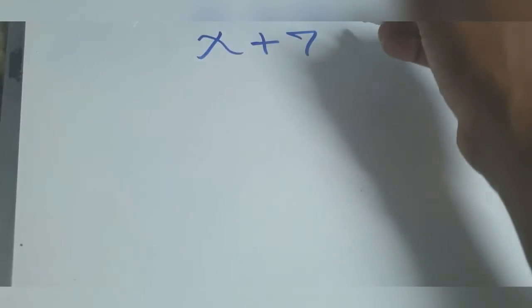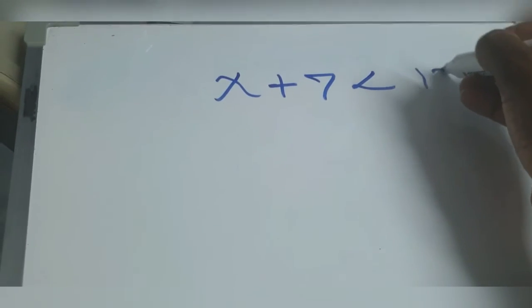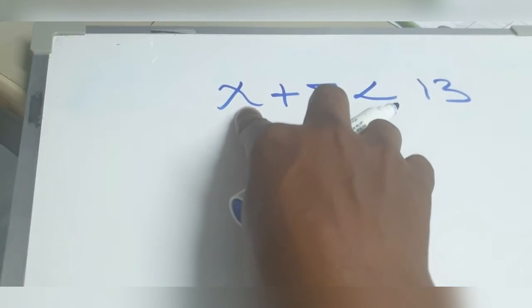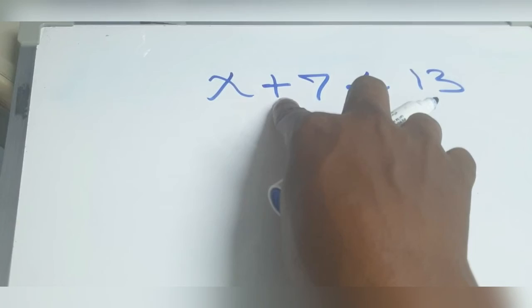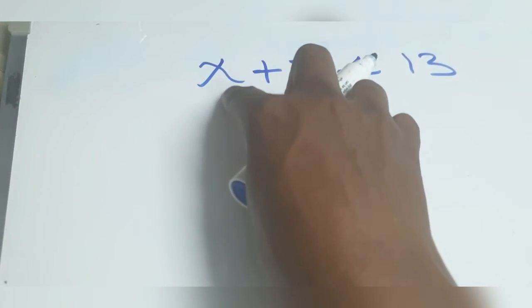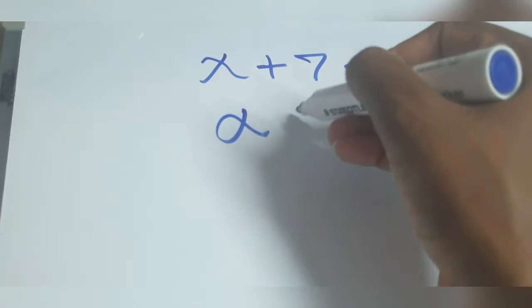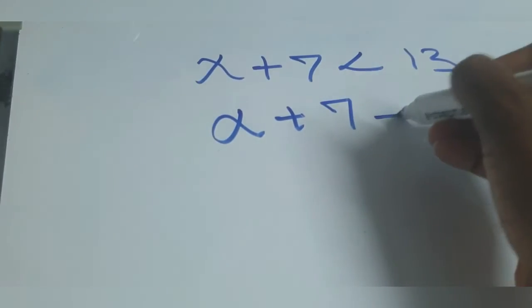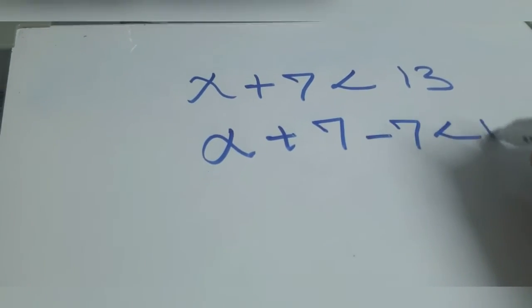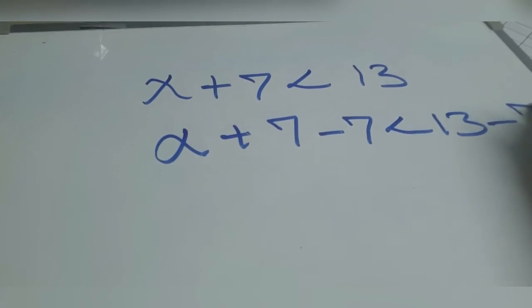So for example, we have x plus 7 is smaller than 13. This is called one variable. When you have plus and we want to solve the value of x, plus you minus, okay? So you say x plus 7 minus 7 is smaller than 13 minus 7.